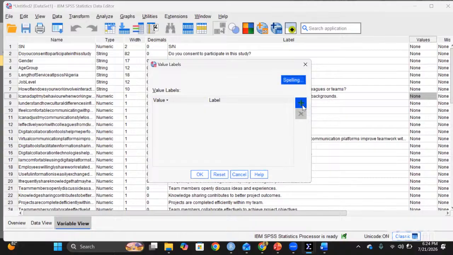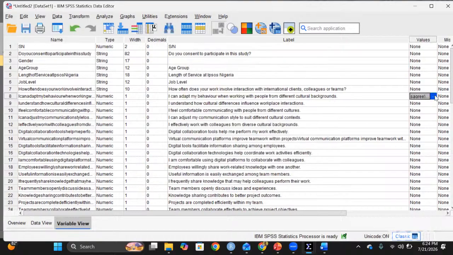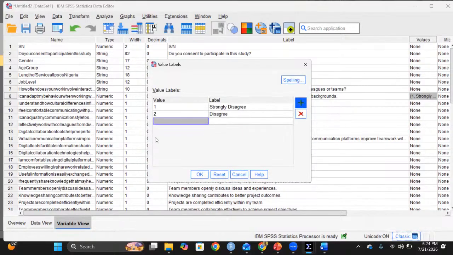This is the advanced SPSS, but it's the same thing. Just 1, the label, strongly disagree. Then click on this again, but this one is advanced. It's the same thing as clicking on add. So I click on OK, then click on add.